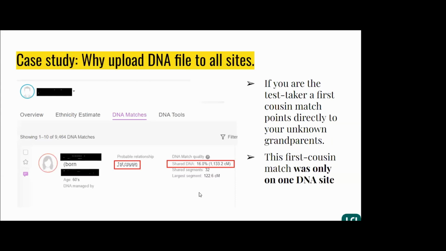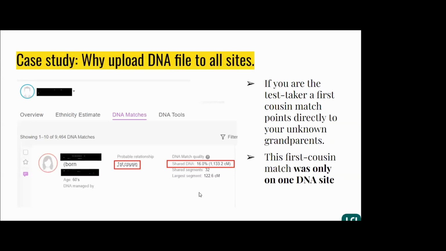So here's a very clear example from my experience about uploading your DNA file to all sites. In this case, the person who took a DNA test wanted to identify their unknown biological father. So they tested on Ancestry, and that's where they were working away at identifying most recent common ancestors among clusters of their genetic matches.